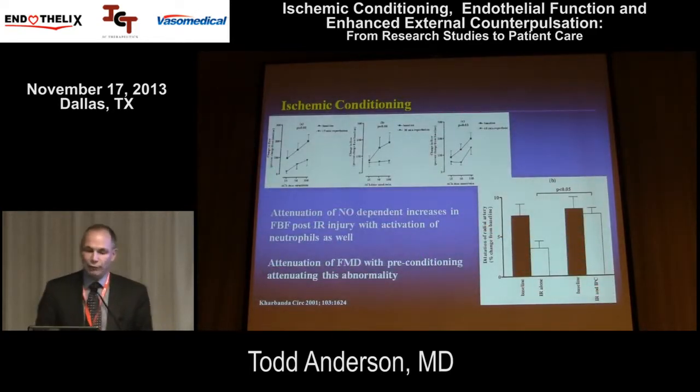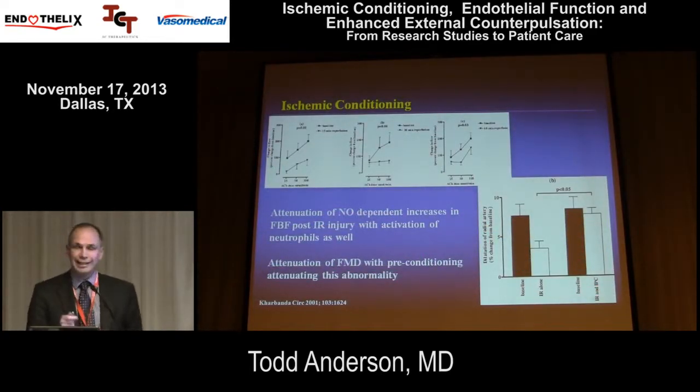And what they showed was several things. So firstly is that they studied microvascular endothelial function by infusing acetylcholine into the forearm and using impedance plethysmography. So what they found was that here in responses to increasing doses of acetylcholine, prior to the ischemia reperfusion there was a dose-dependent increase in this blood flow. And this is a nitric oxide dependent pathway.